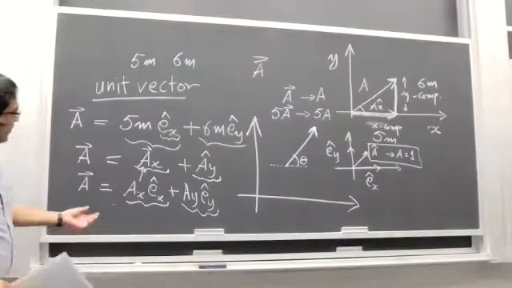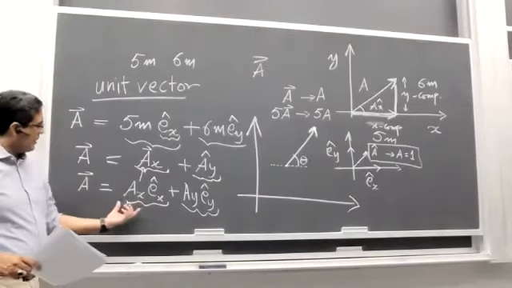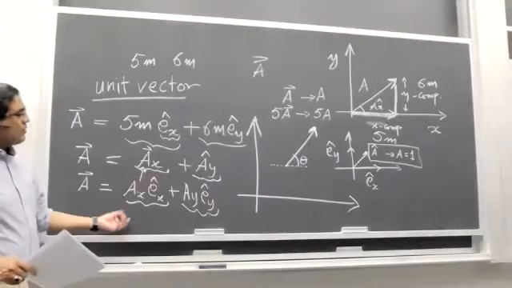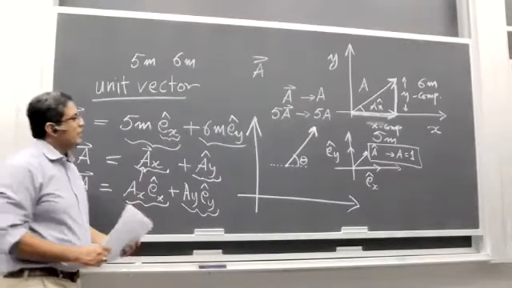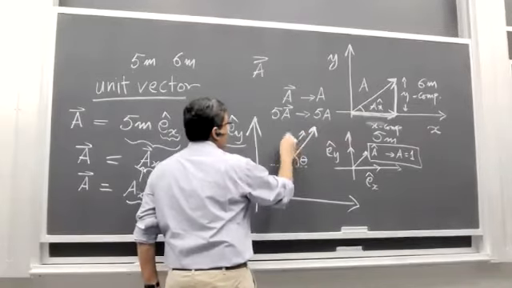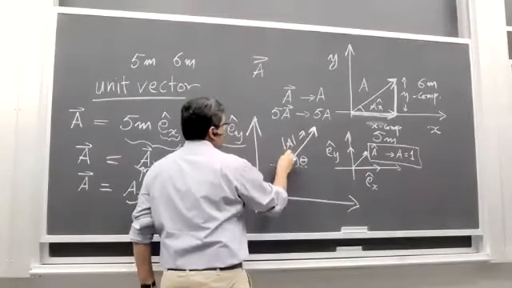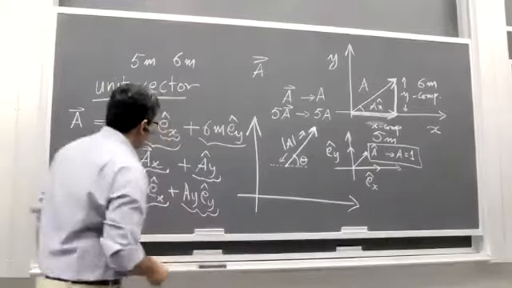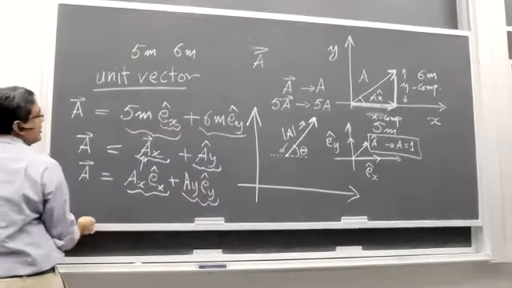And once you have specified the components of a vector like this, then you can calculate the magnitude, this length which we represent with a modulus, from the components like this.